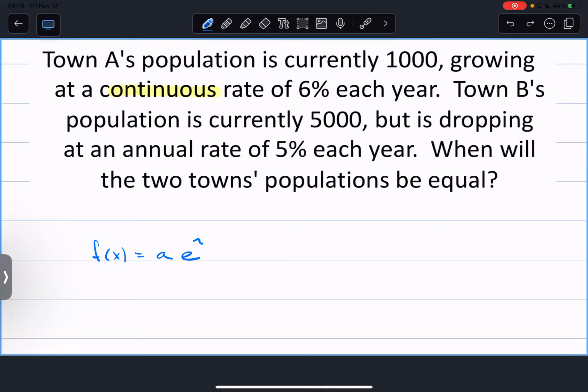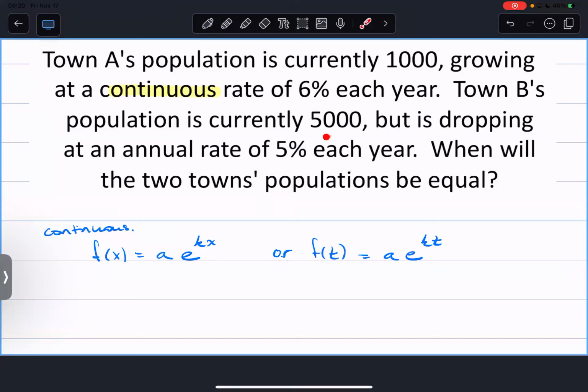Is that how we usually write it? Where k is the rate. Could use t if we wanted because it's in years, or f of t is a e to the kt. And this is for continuous.